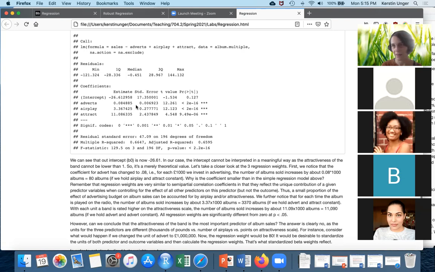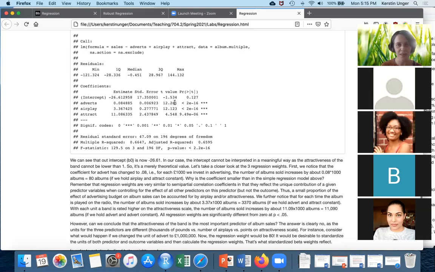The standard error is the standard deviation of that sampling distribution: how much these values would vary around the expected true mean, which would be the mean of our sampling distribution.